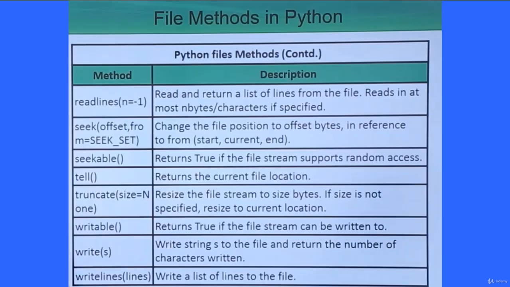Seek changes the file position to offset bytes in reference to from, which can be start, current and end. So the file pointer will move, making some progress depending upon the parameters we have passed. Next is seekable, which returns true if the file stream supports random access.